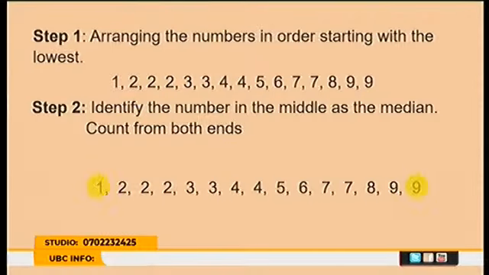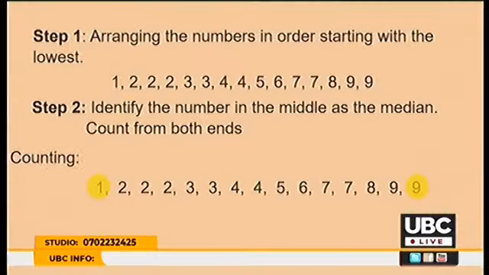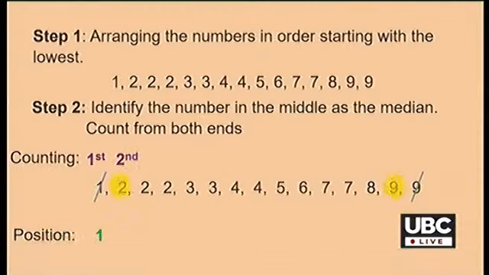So how do we get the median? From either side, you have the first position. Again, from either side, we shall have the second position. From the lowest side, the second position is 2, and from the highest side, the second position is 9.